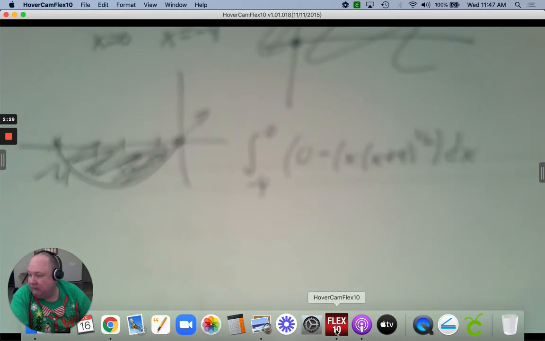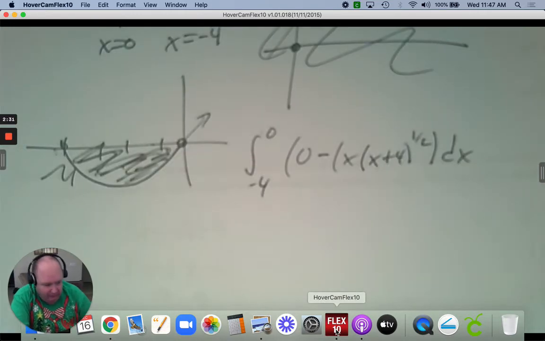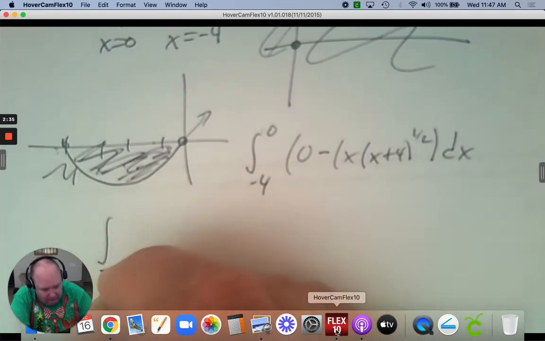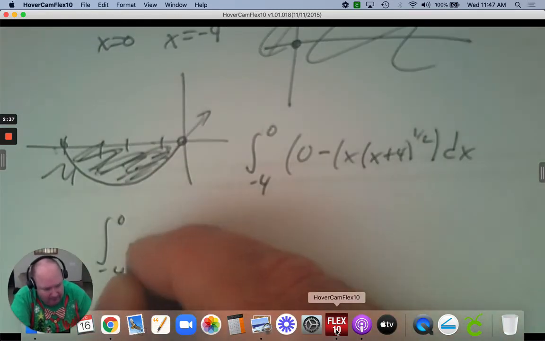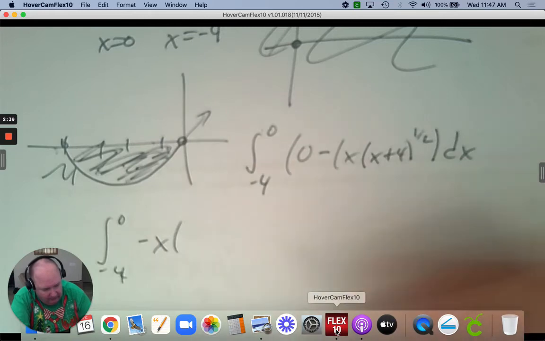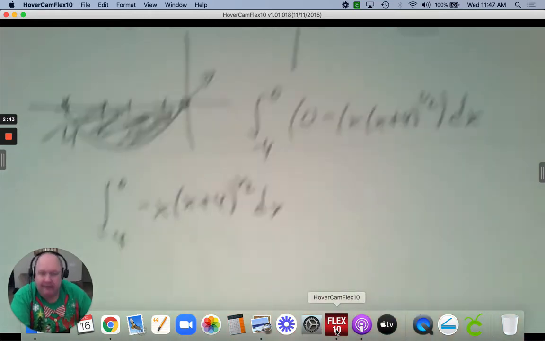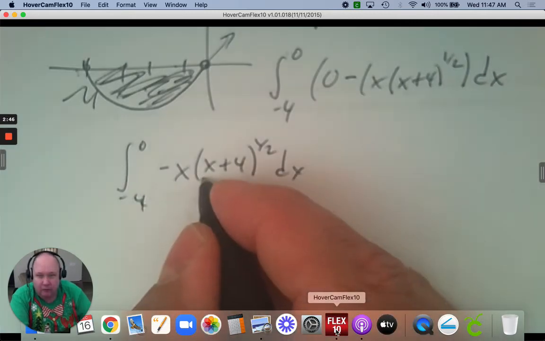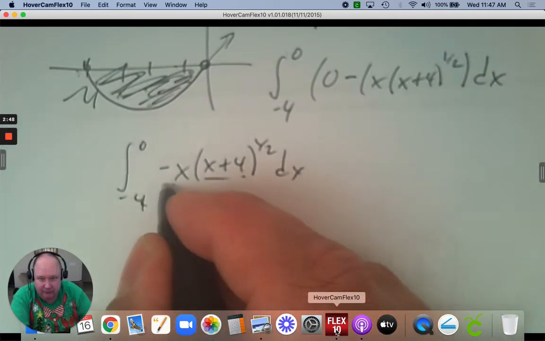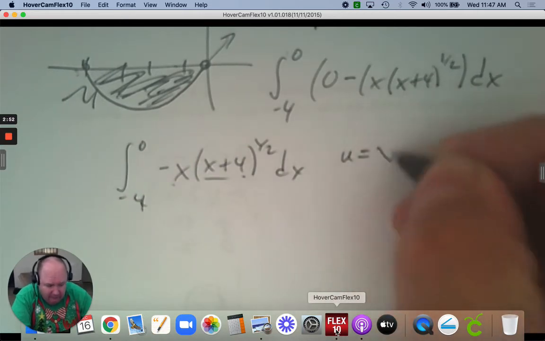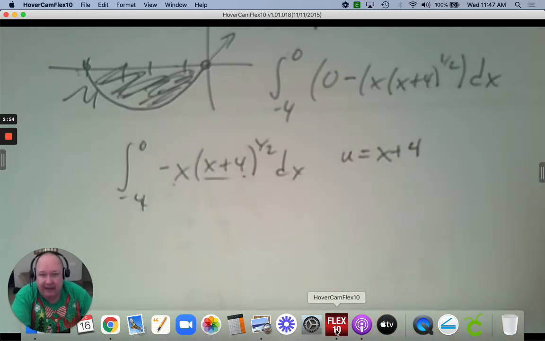Now, if I'm actually going to find the area of this, I have to integrate this, from negative 4 to 0. I'm going to simplify it, and that's what's going to give me the area. The derivative of the base, the term, does not match the x in front. Therefore, this is a u substitution. We're going to let u equal x plus 4.